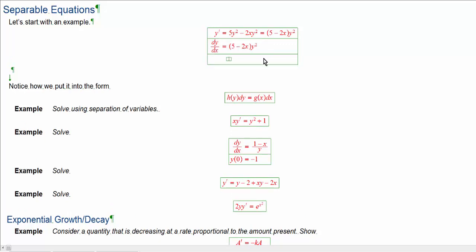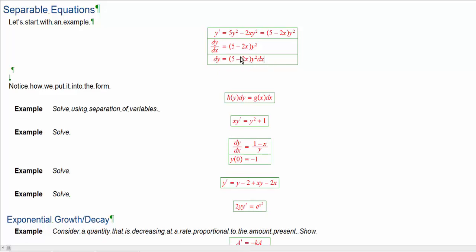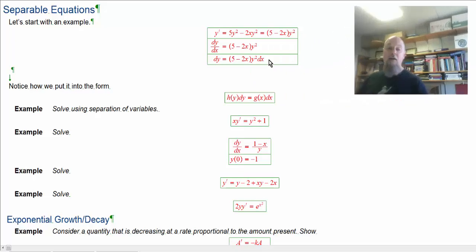I can multiply up that dx to the other side. Now I've got a y side and an x side defined by the dy and the dx. They both have to be on ground level.